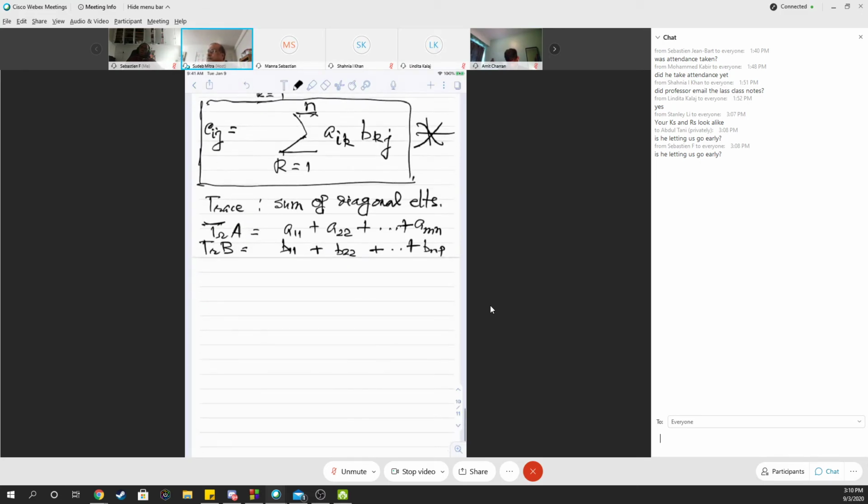Now let us consider A to be an m by n matrix and B to be an m by n matrix, because otherwise I will not be able to add them. Remember, right at the beginning I said that for two matrices to be compatible for addition, they must be of the same order.